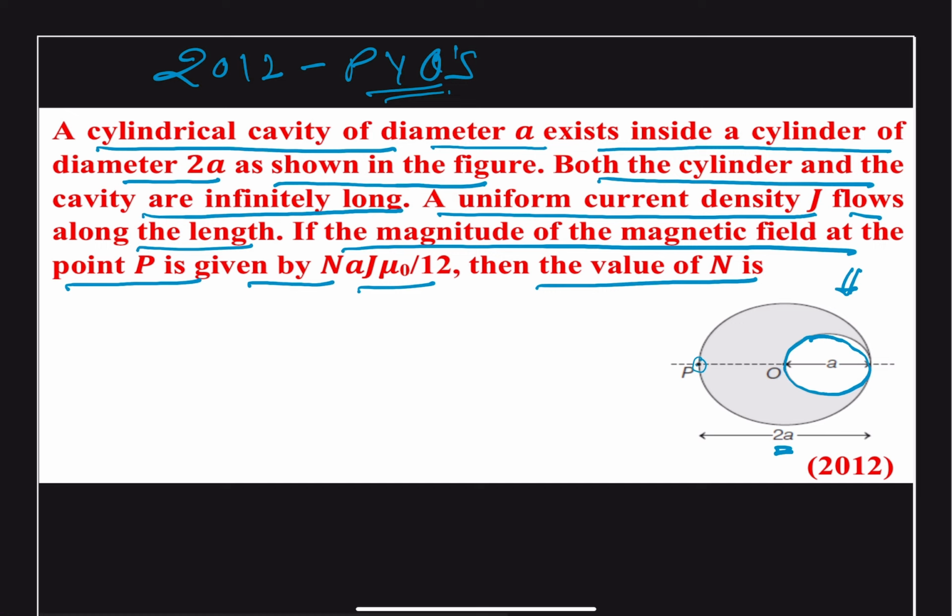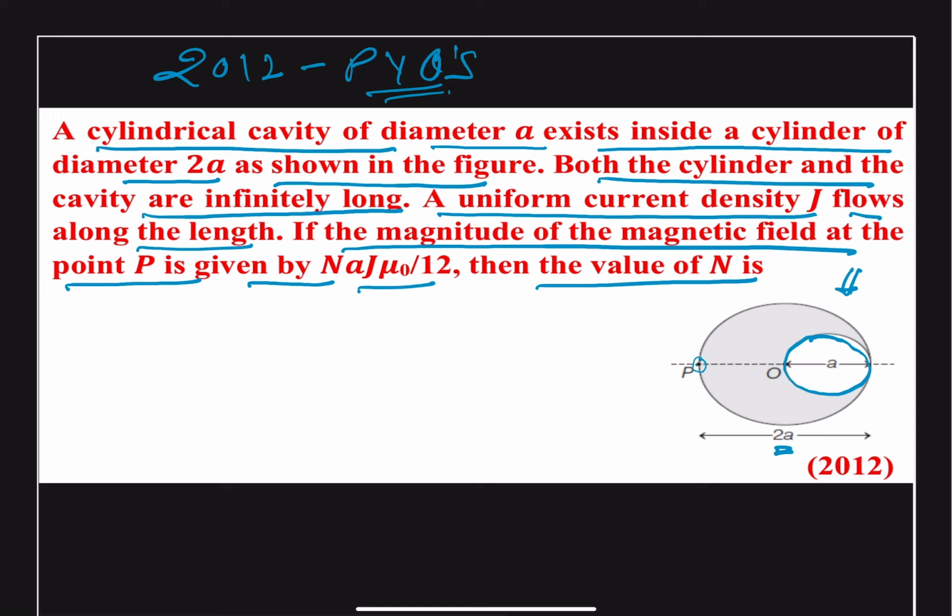So first of all, we are going to find out the magnetic field at point P because of the entire cylinder. Then we are going to find out separately the magnetic field of the cavity, and then we are going to do the algebraic sum for that. Okay.